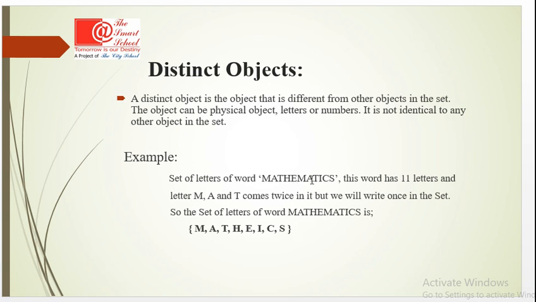M comes twice in mathematics, but we have written it once. A comes twice, but we have written it once. And the last one is T, which comes twice, but we have written it once.